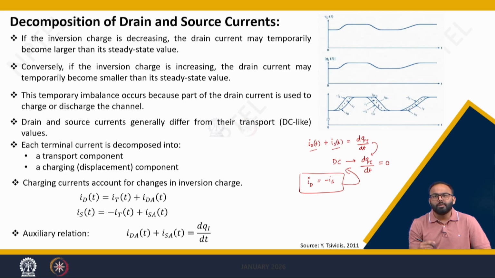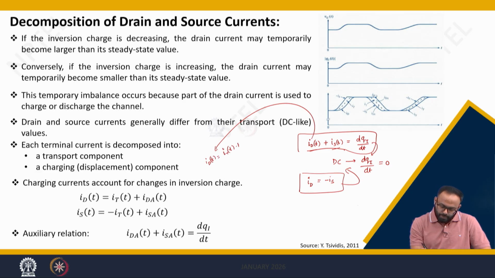However, when you are talking about quasi-static or time varying signals, then IDT plus IST should hold good, and it will give you the rate of change of inversion charge, right. Now, we can define IDT again as the total current plus some additional current. Just now I explained, this additional current is in response to removing the extra charge from the channel.